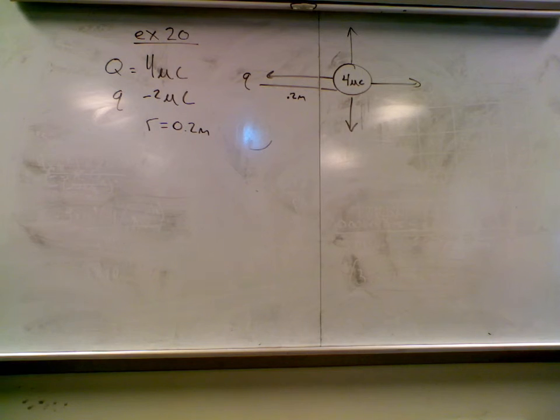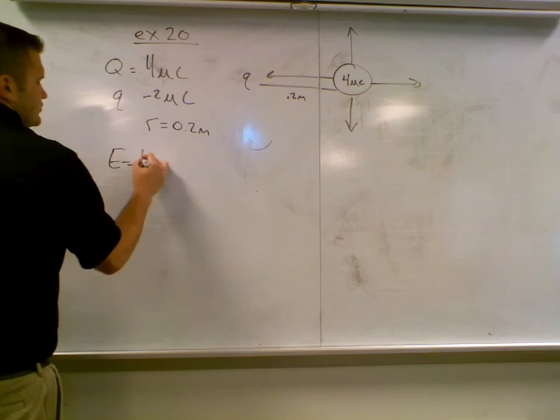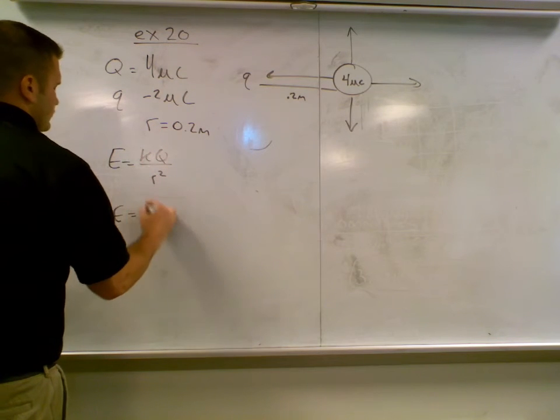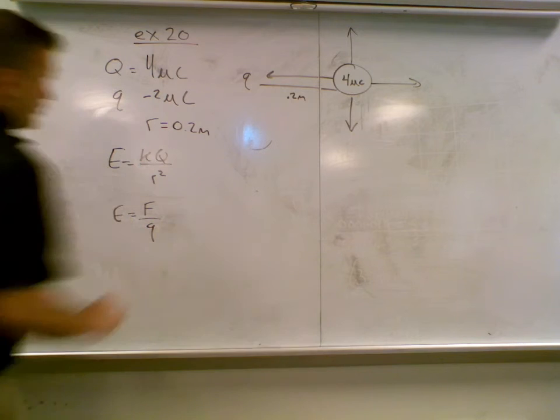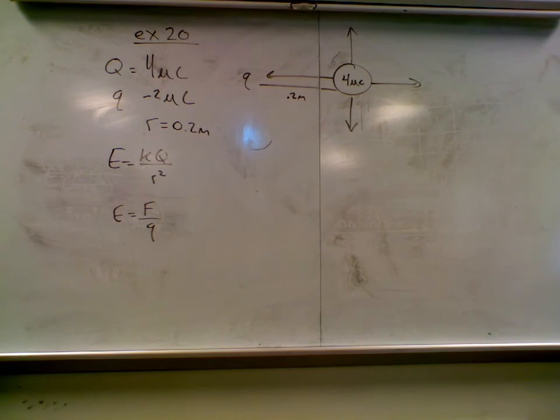So the first part was we need to figure out the strength of that field. Now we have two equations. So those are our two equations, right? E equals kq over r squared and E equals F over q. So which equation is the one for the field created versus the field experienced?